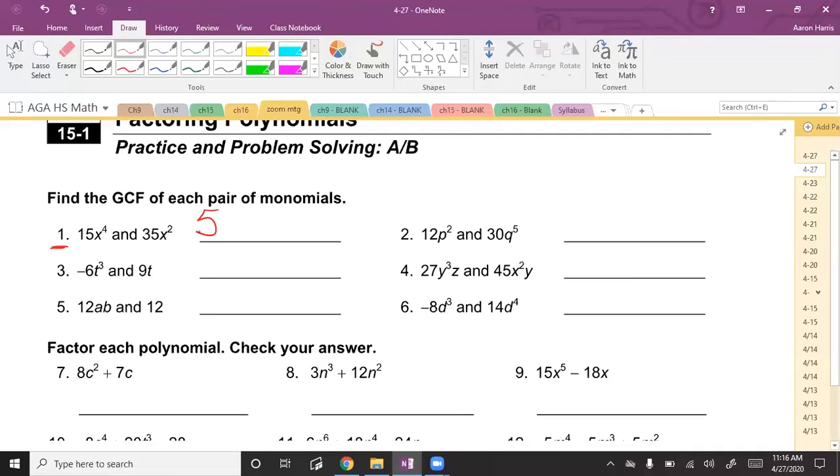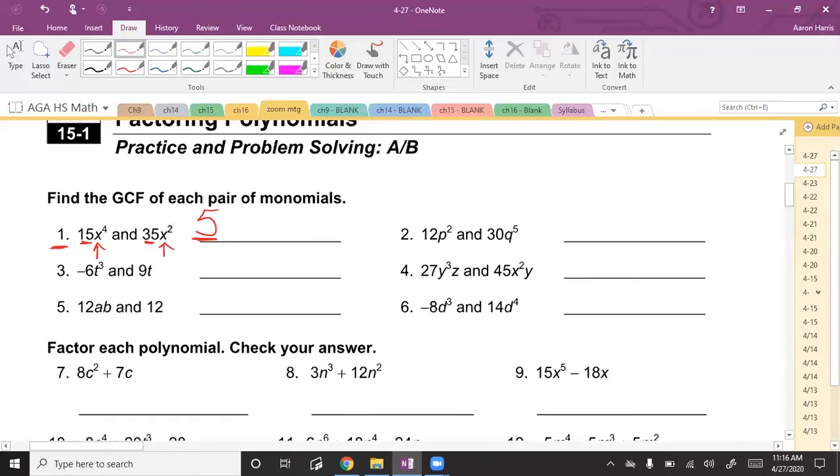Which one has the smallest power? Do I care about the 35 now? Didn't we already deal with the numbers? We know that the GCF is 5. So I'm only looking at the x's, right? Yes. Which one has the smallest power? The x squared.